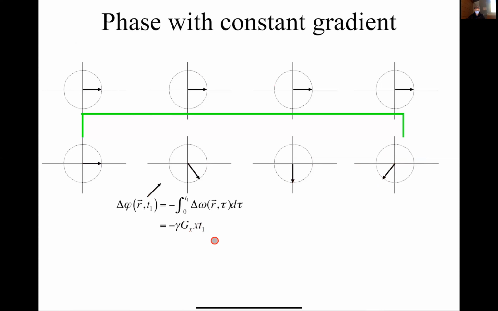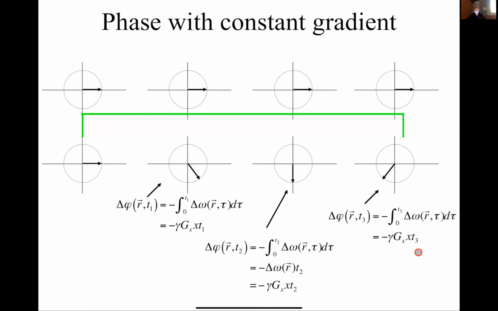So here we're at time t1, another time t2, and here we're at another time t3. So in the presence of a constant gradient, that phase just increases linearly, which is what we expect. And so you can tell that this phase term is just the integral. We're just integrating this gradient over time. And since it's constant, that integral is just Gx times the time, in this case t3 or t2 or t1.